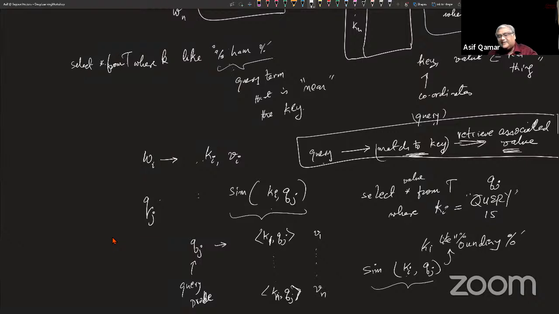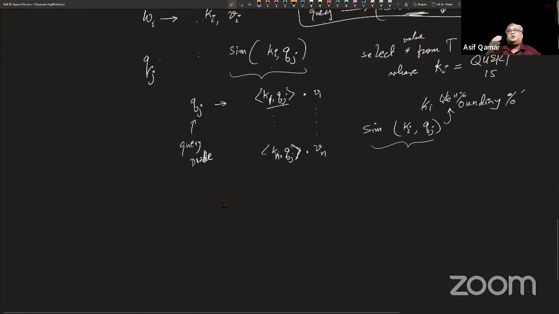Suppose there are n words. So you took some particular probe word, and you could do this similarity to each key. We haven't gotten to attention yet, guys. Don't think of this as the more formal definition, but we are getting very, very close.